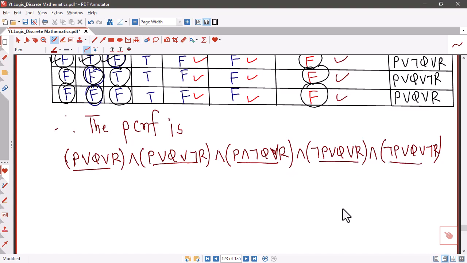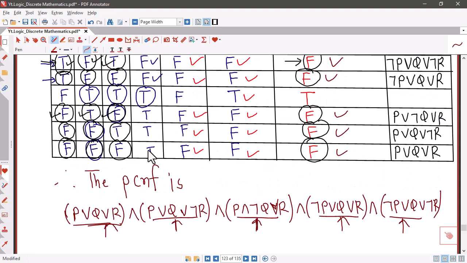If we have 2 variables, then max terms must include 2 variables, and if I have 3 variables, then in each max term I must have 3 variables or their negations, and we are joining them by AND operator.